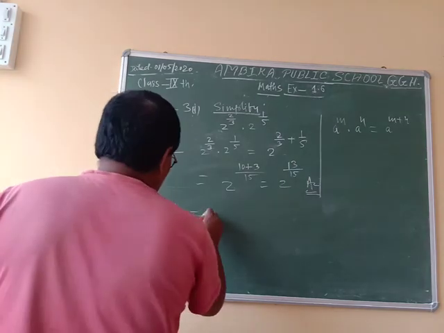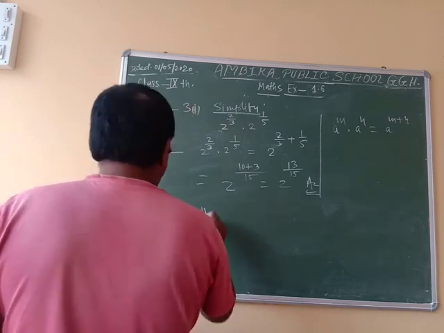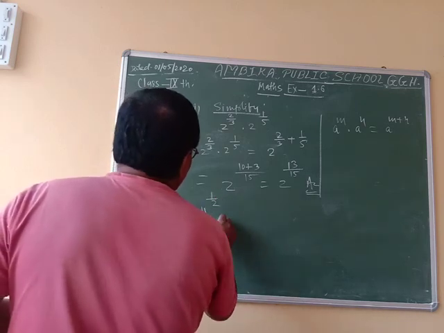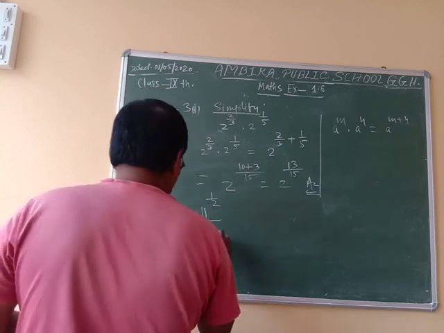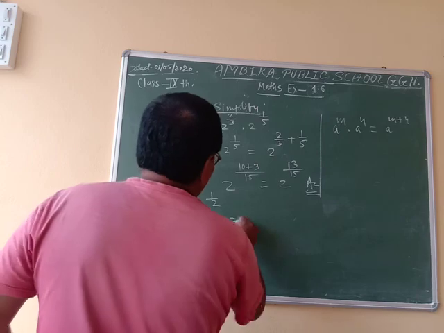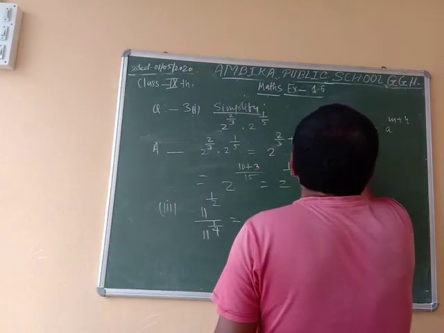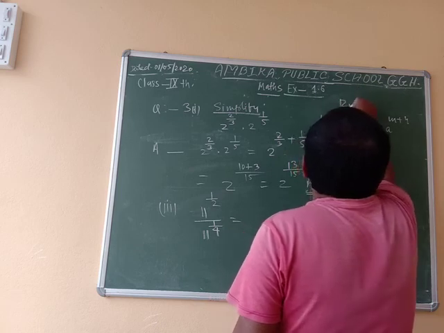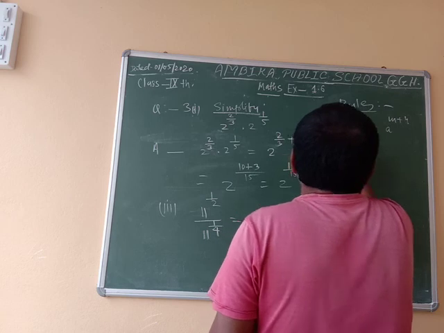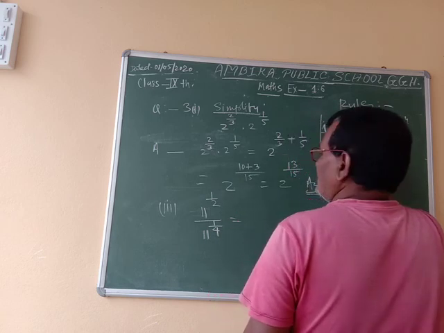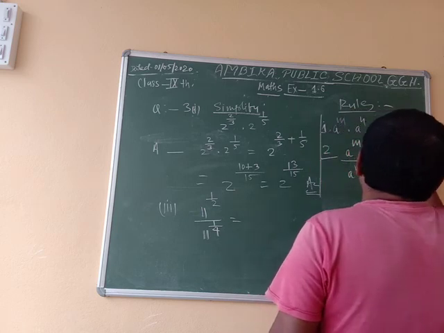Question: 11 to the power 1 by 2 divided by 11 to the power 1 by 4. Again, using the rules of exponent, we know that a to the power m divided by a to the power n is equal to a to the power m minus n.